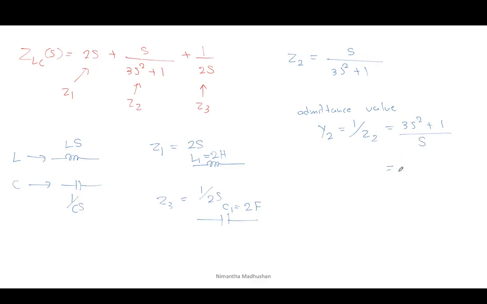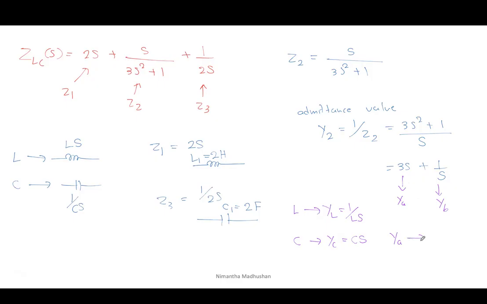We can rearrange this as 3s plus 1 over s. For the admittance values, for an inductor YL should be 1 over Ls, and for a capacitor YC will be Cs. I consider these two parts as YA and YB.